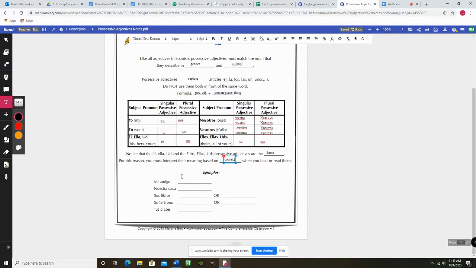So to give some examples, mi amigo, that's my friend. Nuestra casa. Our house. His books.